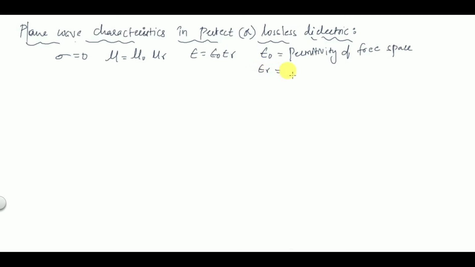Epsilon r is the permittivity of the medium. Similarly mu naught and mu r are the permeability of free space and of the medium.